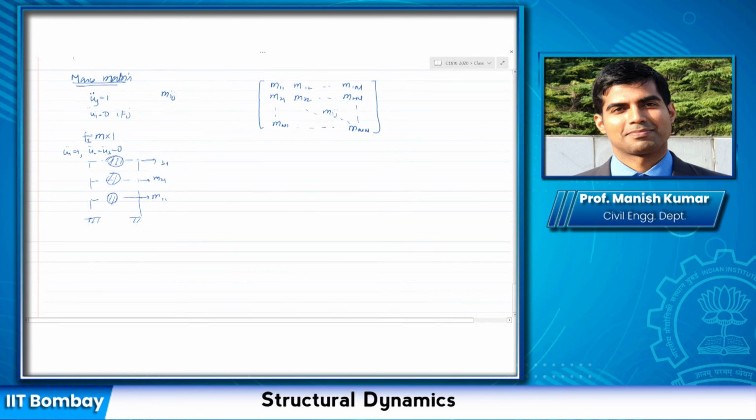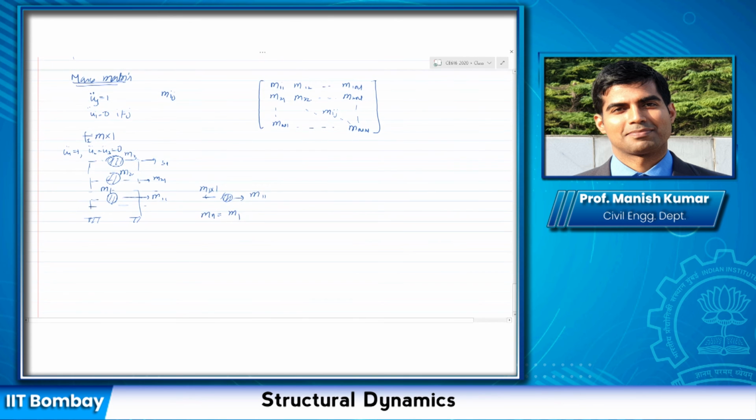So in this case, if you look at it, there is no frame here. So if I consider the free body diagram of this, you simply apply unit acceleration. It would have, in the opposite direction, inertial force M1 times the unit acceleration, the force being applied as M11. So M11 you directly get as M1.